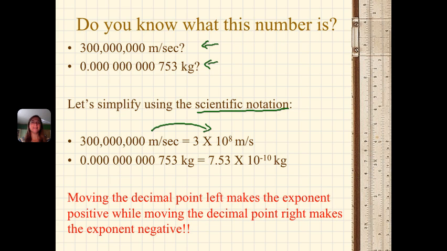And just to relate to the exponent here, it is actually the number of zeros that we have here until we reach this first number, which becomes a coefficient.